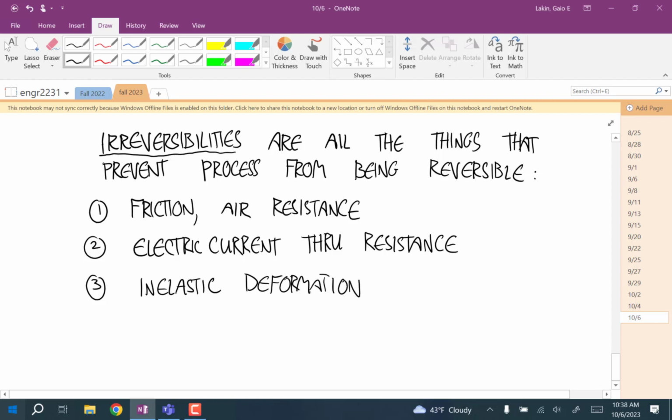So inelastic means that you can load something and it'll deform, but the thing that determines whether it's elastic or not is when you remove the loads from it, is it going to spring back to its original shape?